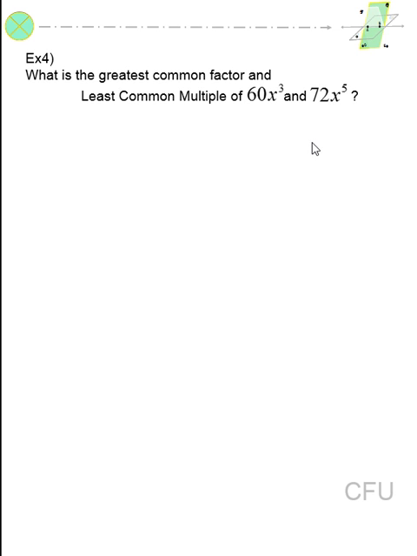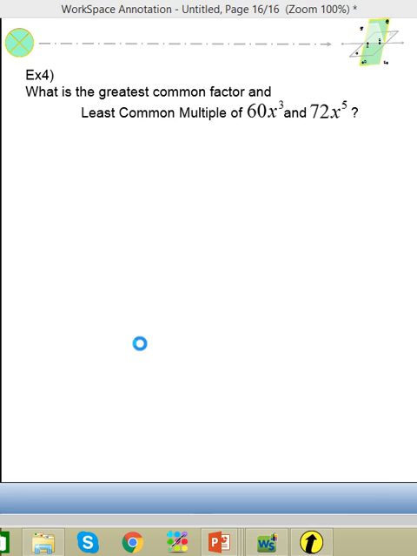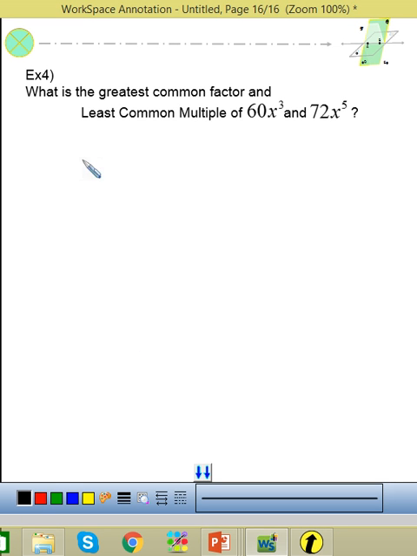Okay, let me zoom in. All right, so here we go. I'm going to write 60x cubed and 72x to the 5th. All right, let's start with the numbers first. We got 2, 3, 5, 7, 11. Okay, so let's start with the number only.